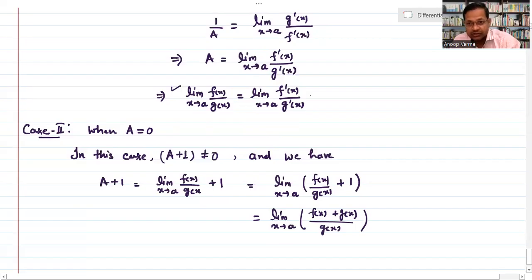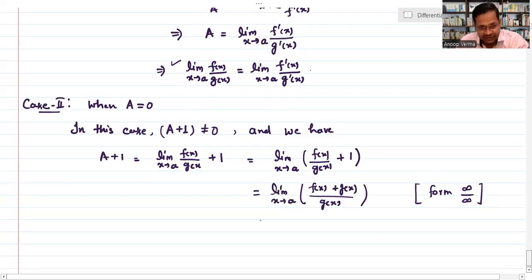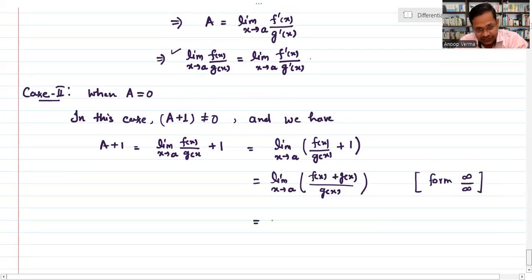So if this expression has a non-zero value, we can apply the previous case, which is of the form infinity upon infinity. So you can apply the derivative on this right hand side. So you can easily see this is the limit x tending to a of f dash x plus g dash x divided by g dash x.